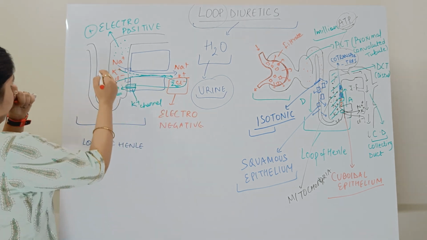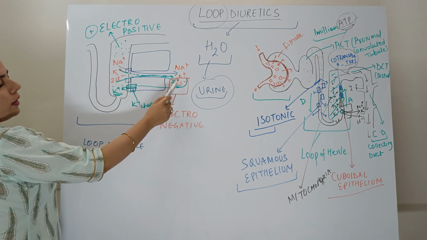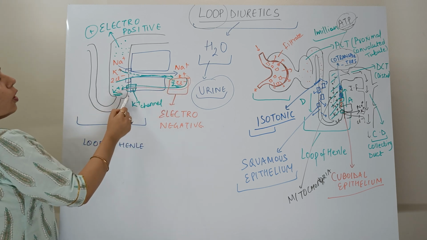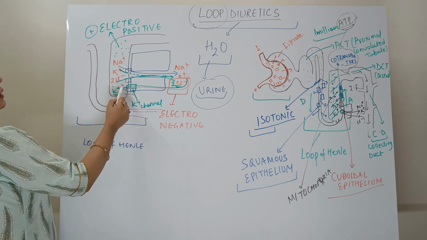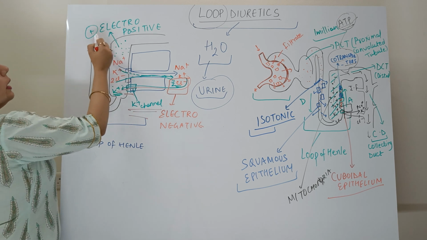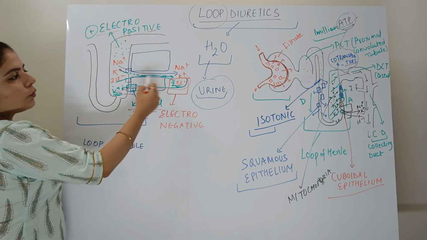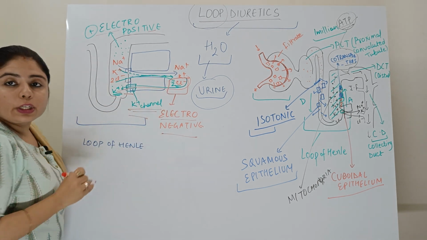So did you get this point? There are two chloride ions which are leaving. Sodium ion, potassium ion and two chloride ions are leaving, but the potassium ions are reabsorbed with the help of the potassium ion channel, which makes the fluid inside the ascending loop of Henle electropositive, right? But there is an excessive loss of chloride ions, which makes the fluid inside the interstitial fluid electronegative.